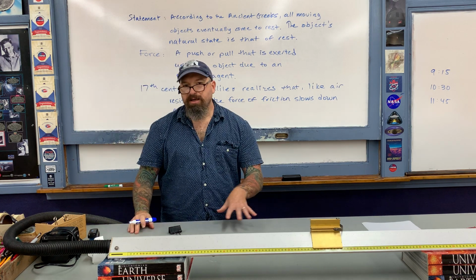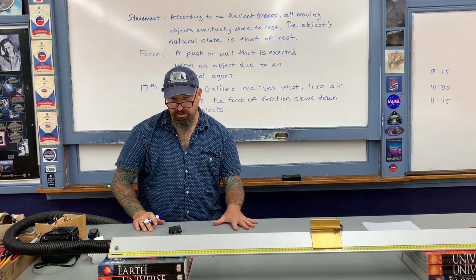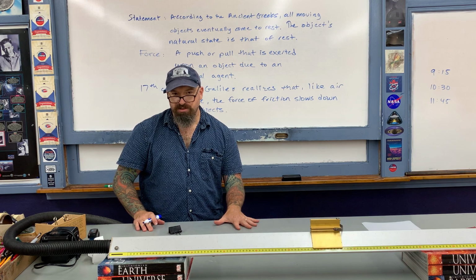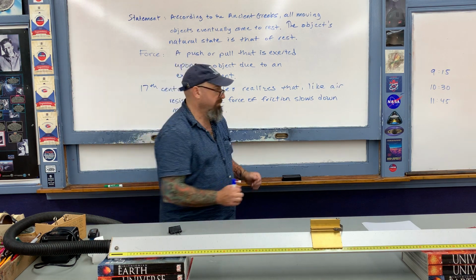So now Galileo asks and answers the following question by designing an experiment. The question very simply is this. Okay, well, what would happen to a moving object in the absence of friction?